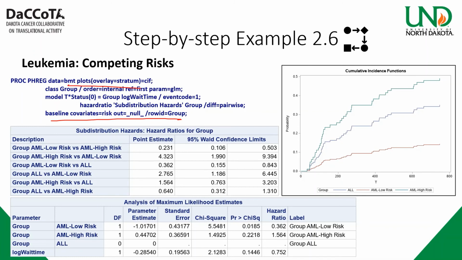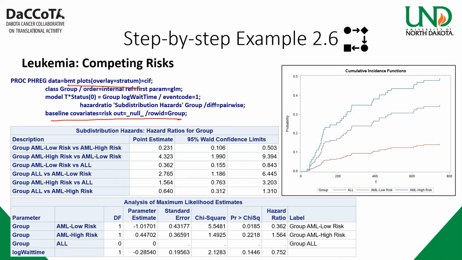You can look at the computed risk, which usually uses cumulative incidence functions. You can see here that the high risk had a lot higher cumulative incidence function than the other two, though ALL was sort of in the middle, and then low risk had much lower. Anyways, I sort of skipped over a lot of stuff, but that's sort of what you do in a nutshell.